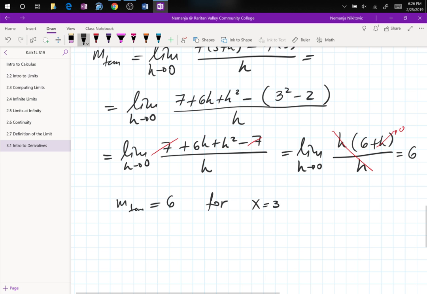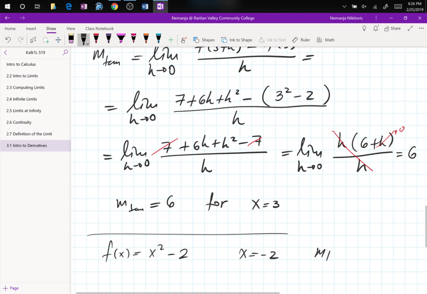This is the point to say, I didn't actually want x goes to 3. I want x goes to -2. So I still have f of x as x squared minus 2. But now I want x equals -2, not 3.